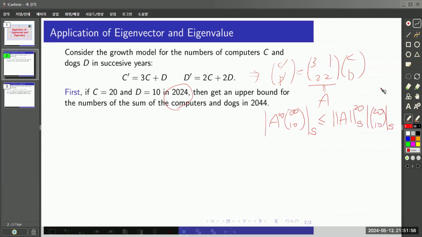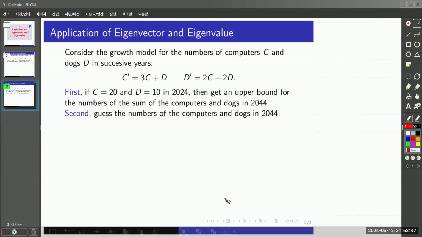The maximum column sum comes from the first column, which is equal to 5. So this is 5 to the 20 times the sum norm of (20, 10), which is 30. So we can easily get an upper bound for the sum of the numbers of computers and dogs in 2044.